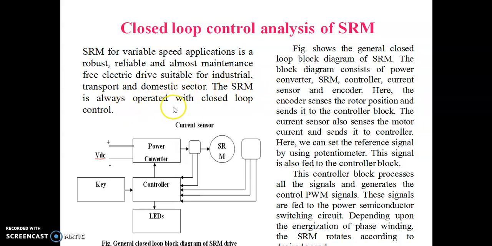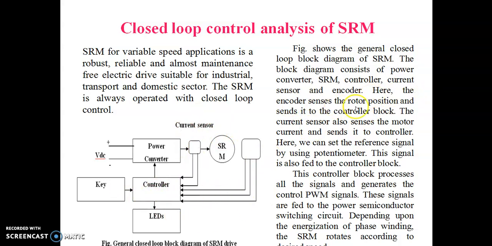The SRM is always operated with the closed loop control. This figure shows the general closed loop block diagram of SRM. The block diagram consists of power converter, SRM, controller, current sensors and encoder.